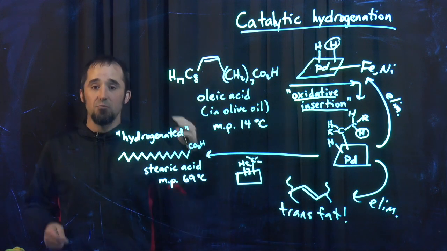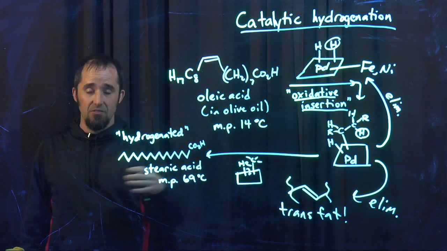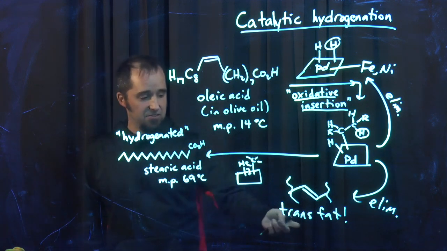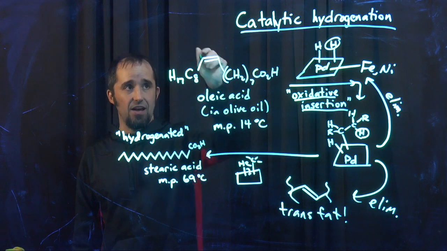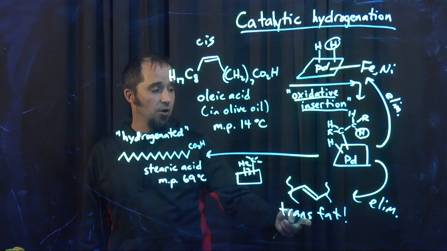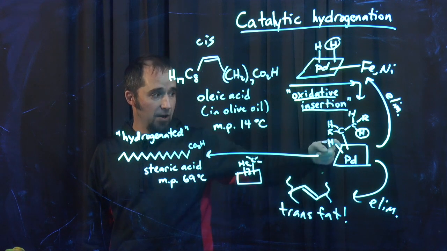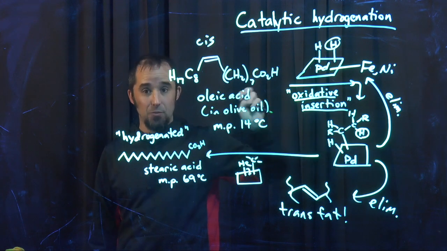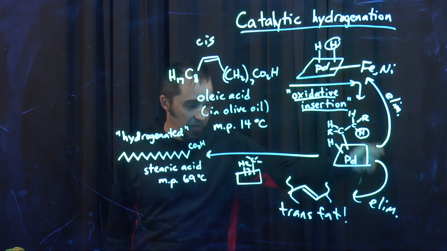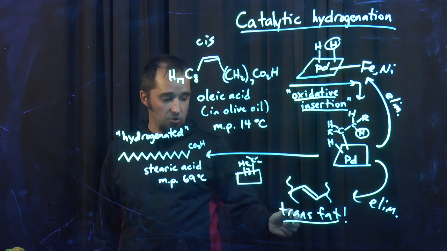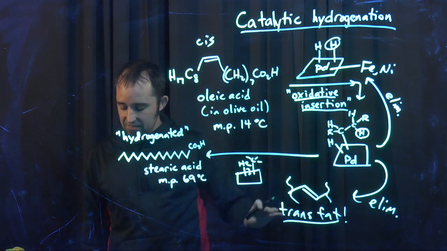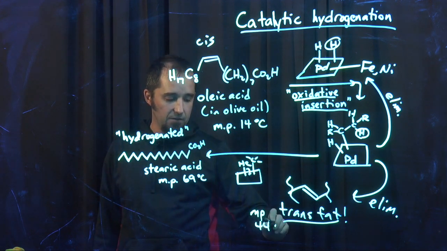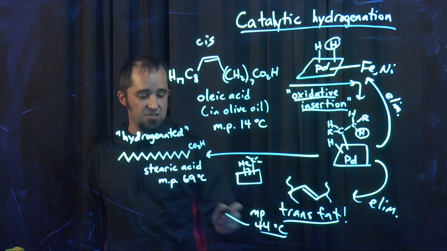If I don't run this reaction all the way, if I stop it halfway through, I'll see a byproduct that's a trans fat, not a cis fat. This comes from the reversible reaction here, so this organometallic intermediate eliminating a different way. So the problem with trans fats isn't its melting point, although its melting point is probably, unsurprisingly, closer to stearic acid, right?